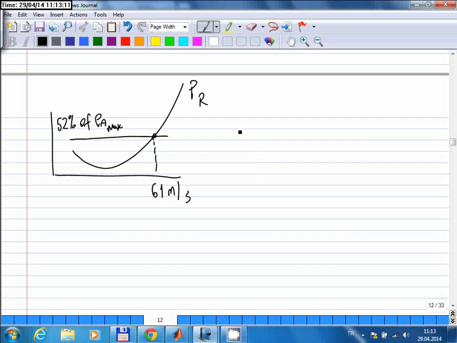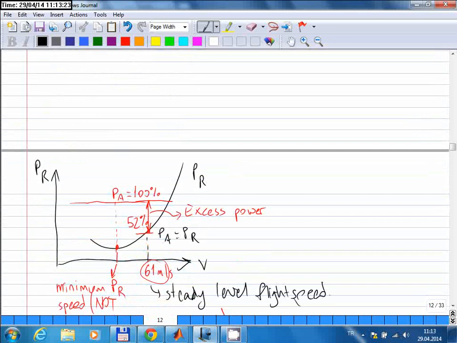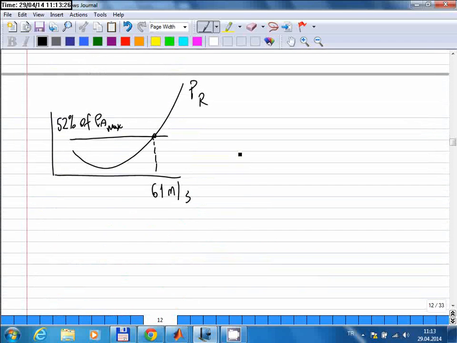So to start climbing, you need to provide more power into flight than what is consumed by the drag force. So suppose that the pilot increases engine power to 100%, then the power available curve will go up. That's 100% of PA max. Now you're still flying at this speed, at 61 meters per second.